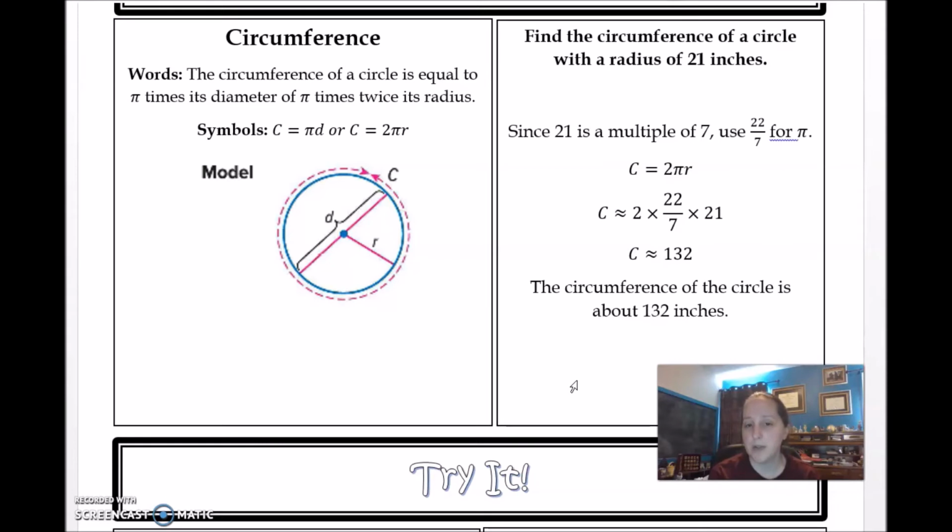So 2 times 22/7 times 21 is approximately 132. Unless we actually measure the circumference of a circle, we don't know an exact amount for the circumference because we're using pi, and pi is an irrational number, so we don't have an exact number for pi.